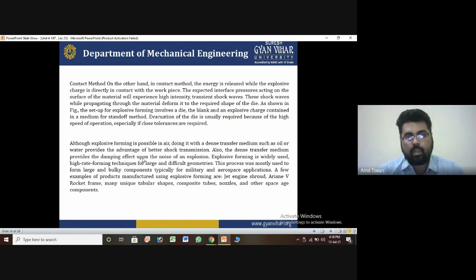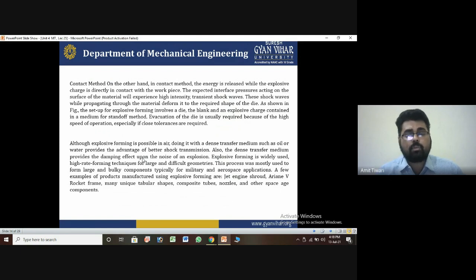On the other hand, we have to operate it. Remember that metal deformation is required, with the transient shock wave applied through the material, deforming it to the shape of the die. The die is basically used because of the high speed of the operation.